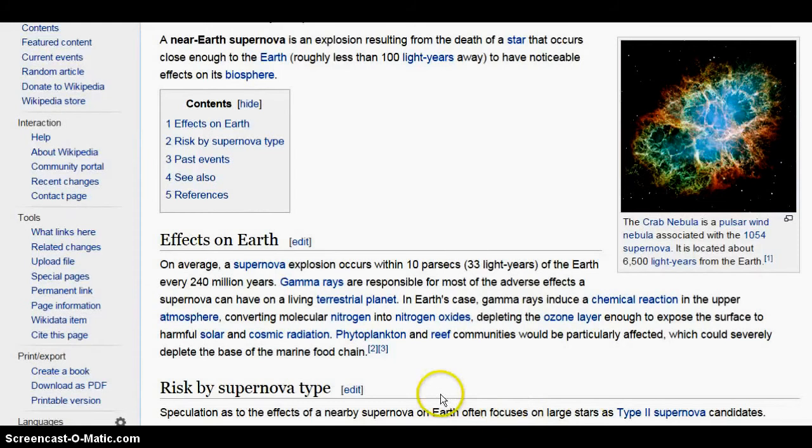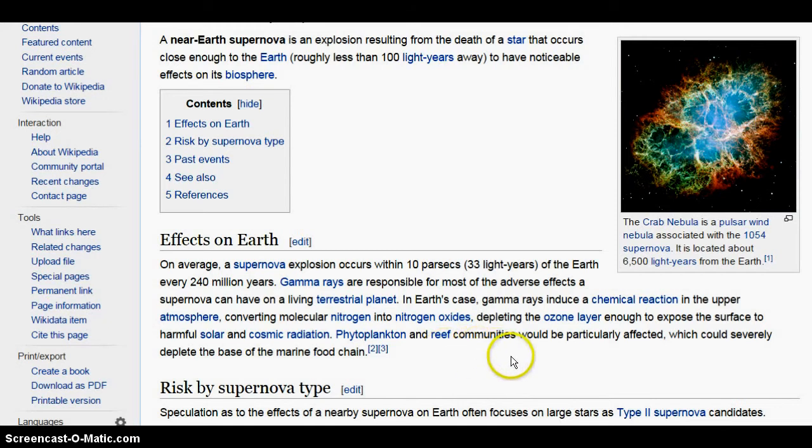On average, the explosion would cause a chemical reaction in the upper atmosphere, converting the molecules into nitrogen oxides, depleting the ozone layer enough to expose the surface and cause harmful rays and cosmic radiation.